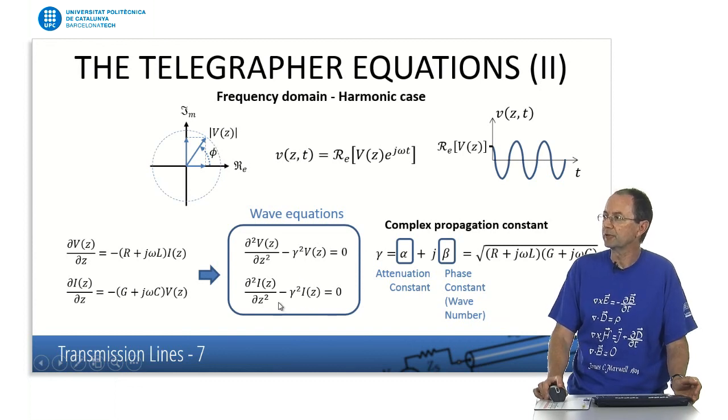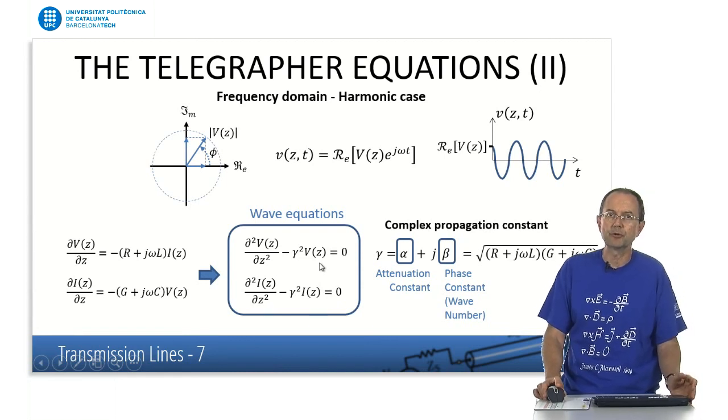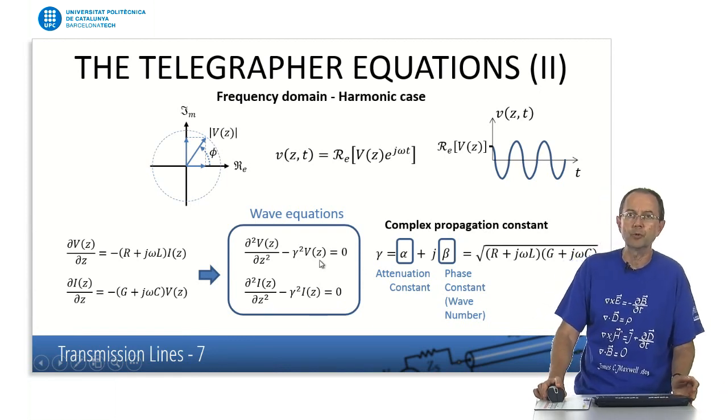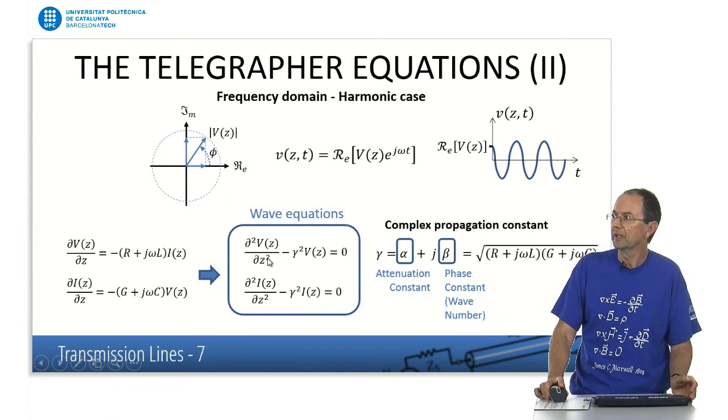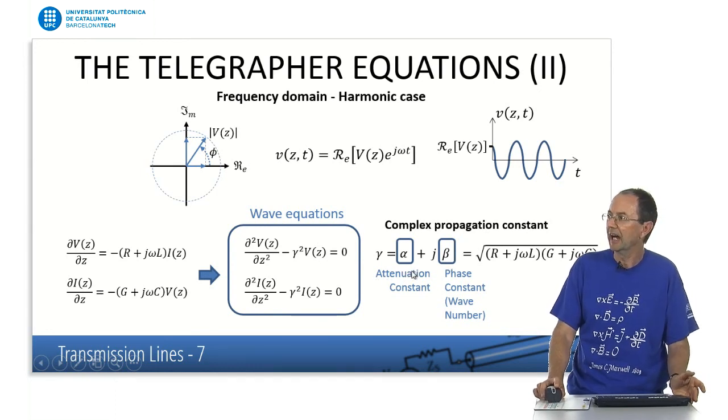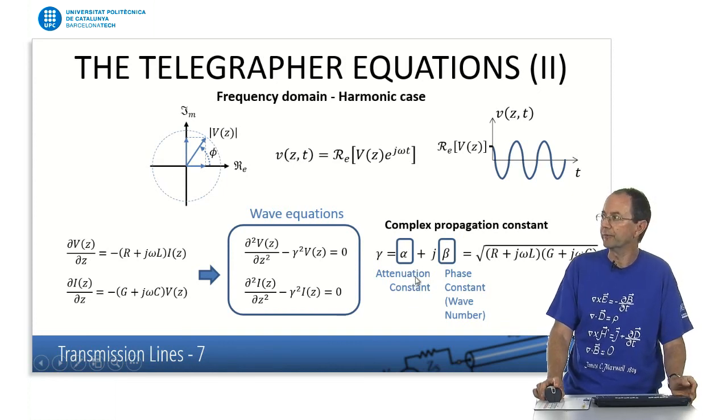The same happens with the intensity, and actually this is the reason why these structures support waves, because both space and time changes are related by a constant, and this constant here is this gamma parameter, which is the complex propagation constant, which contains information on the speed of propagation and the attenuation of the wave propagating along the line.